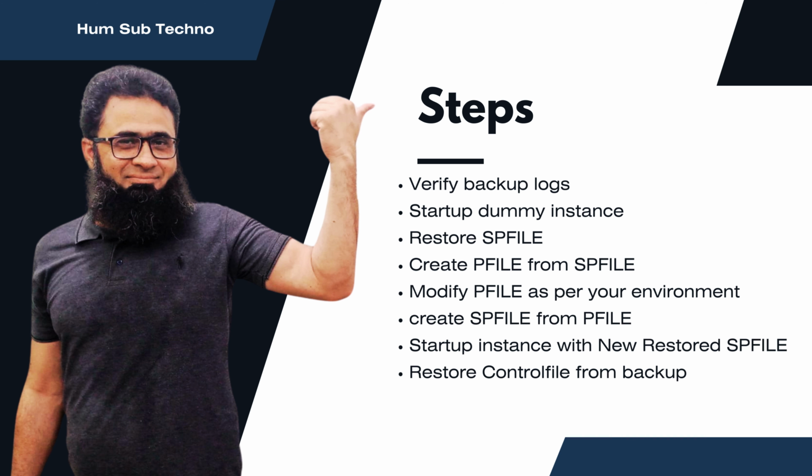If you have successfully modified the P file as per the environment, then you have to create the SP file again from this P file and then start the instance with the new restored SP file. The next step, we have to restore the control file from your backup.